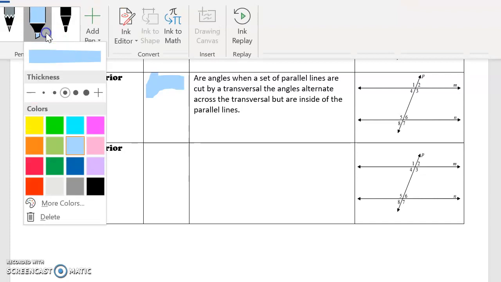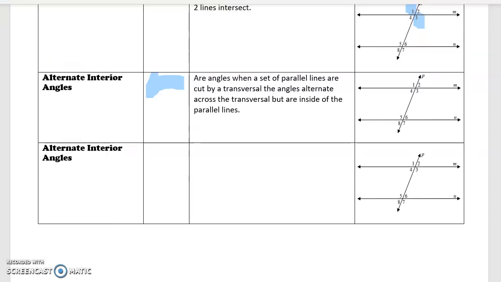So I'm going to go highlighter. I'm going to go green. I want you guys to think about looking at that picture. What do you think are alternating interior angles? With the highlighter, I will mark what I think are alternating interior angles.